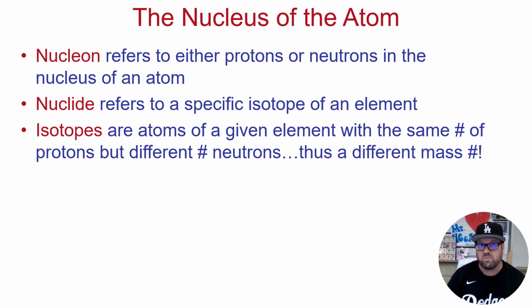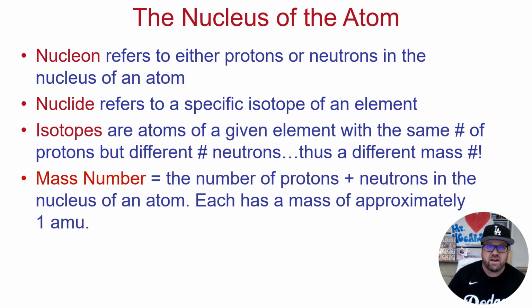They have unstable nuclei due to their mass number being too large or too small. And then finally, just a refresher, mass number is the number of protons plus neutrons in the nucleus of the atom. And we want to keep in mind that each of those particles, one proton or one neutron, is approximately one atomic mass unit.